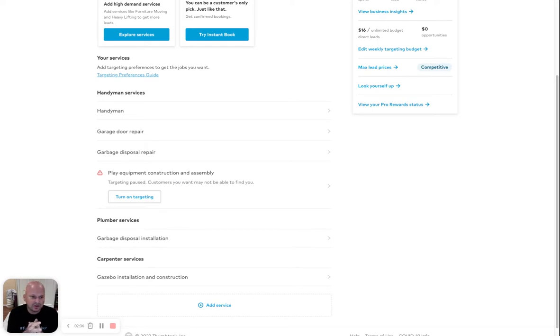Why do I do lead gen sites this way? Because I don't want to bid on the highest job, because you're going to be paying the most money. There's a lot of people trying to bid on the highest job, so the prices go up, a couple hundred dollars for a lead in some areas.